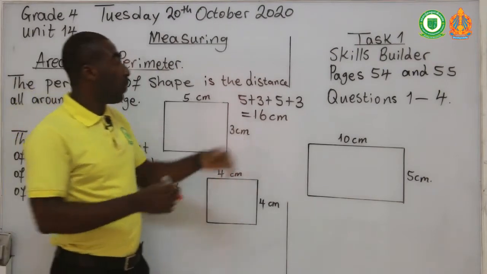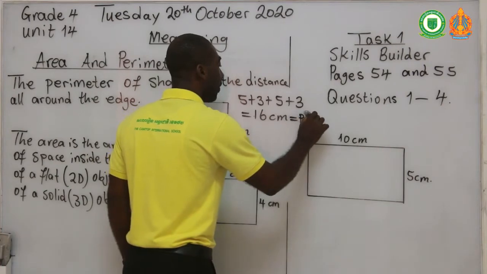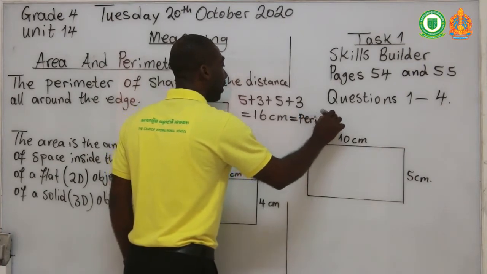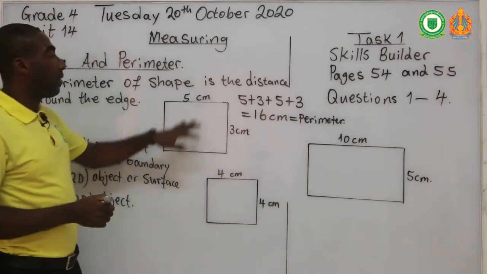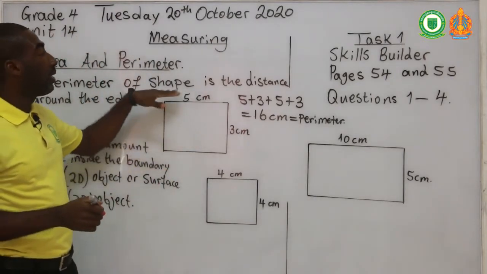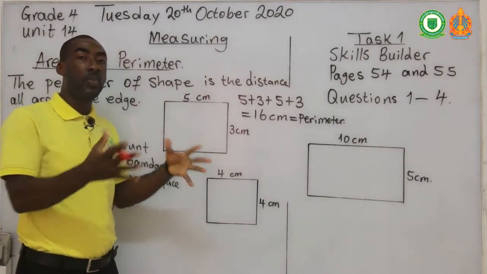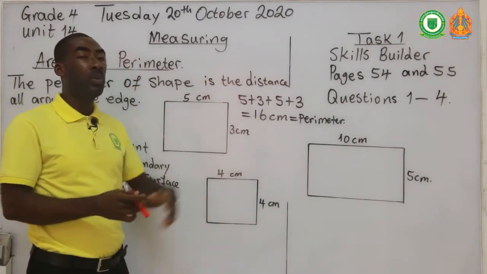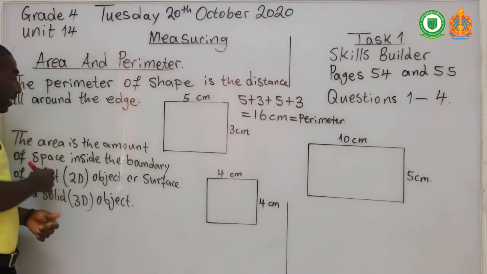This is our perimeter, so we can write perimeter there nicely. It is basically the length of all 4 lines put together that will give you your perimeter.